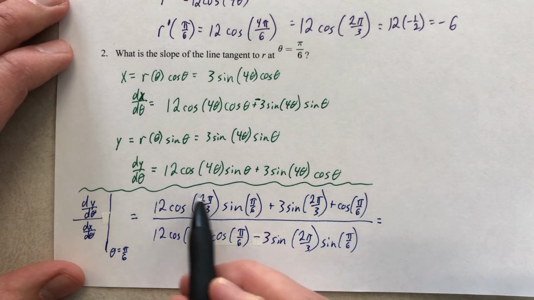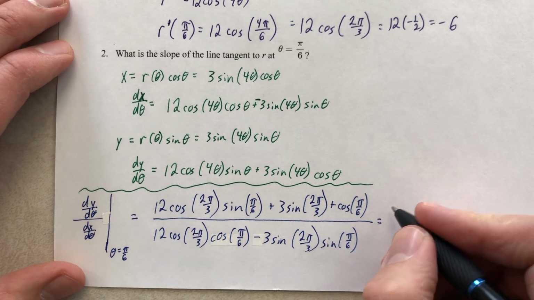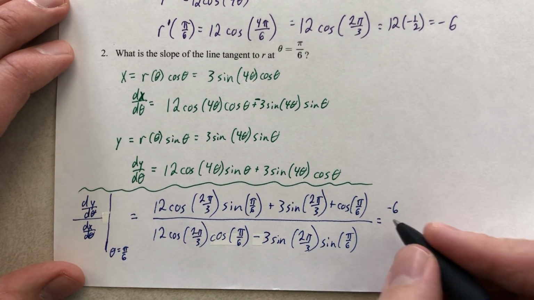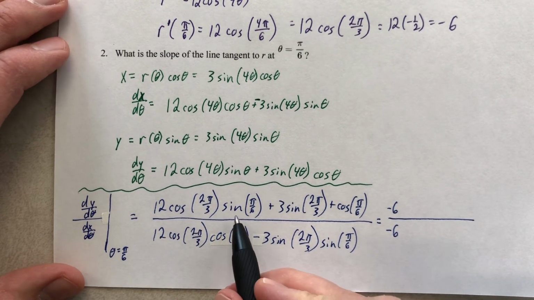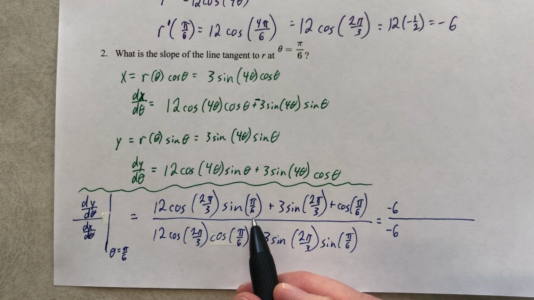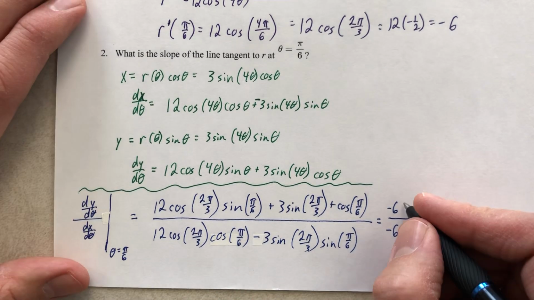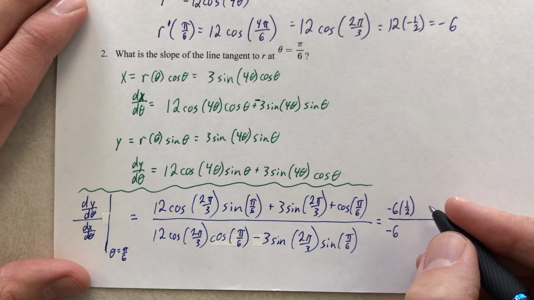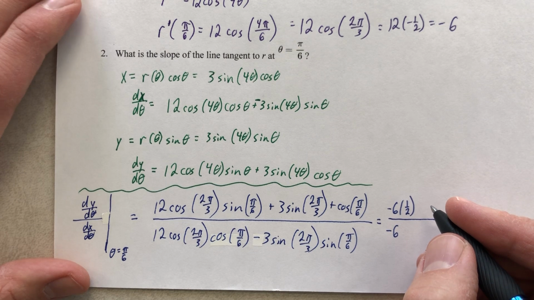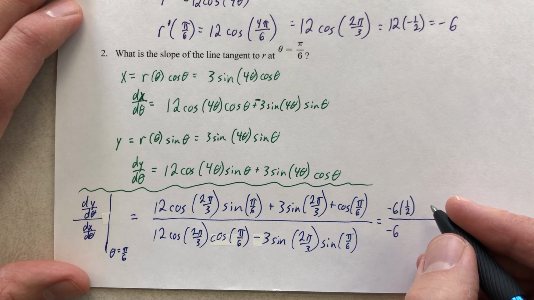This was -6, because, well, we know that. So -6 and -6. I'm looking there and there. All right, sine of pi over 6 is 1/2. I'm double checking some things. Hold up. Yeah, I'm right.